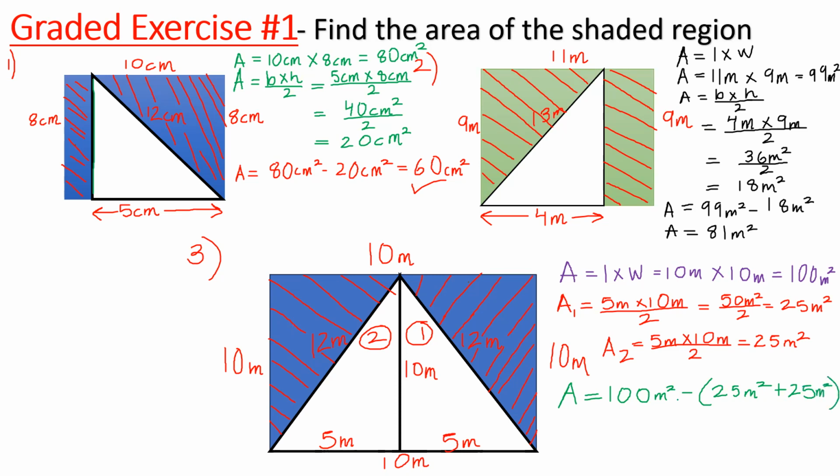And so it's going to be 100 meters squared minus what? What is 25 meters squared plus 25 meters squared? 50 meters squared. And what is 100 minus 50? 50.